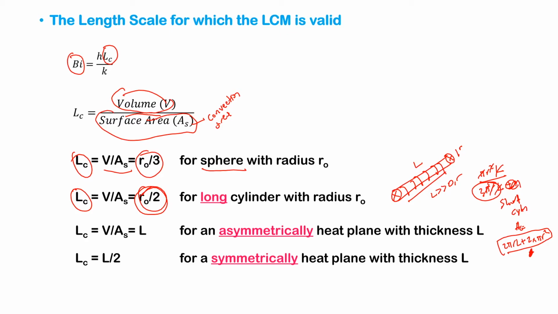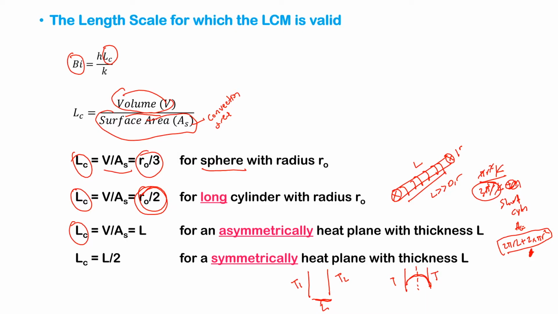And if you have a plane wall which is asymmetric, let's say T1, T2, if the temperature on the two sides is different, then in this case the characteristic length is simply this length L, okay, if it is asymmetric. If it is symmetric, so if both sides are at the same temperature, the temperature profile could be symmetric, like a parabola.